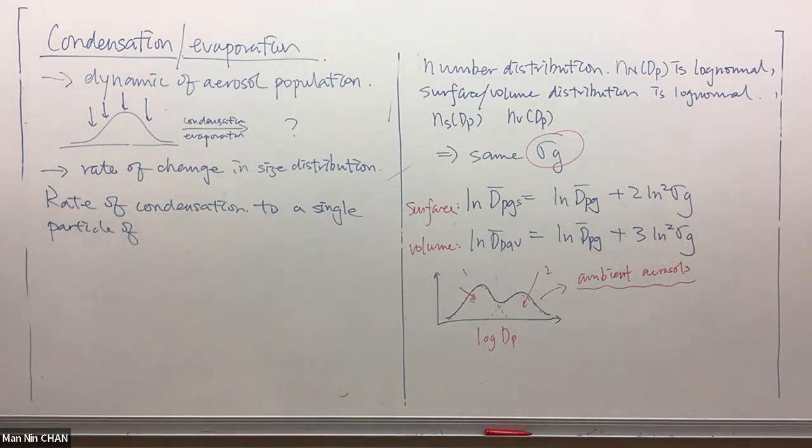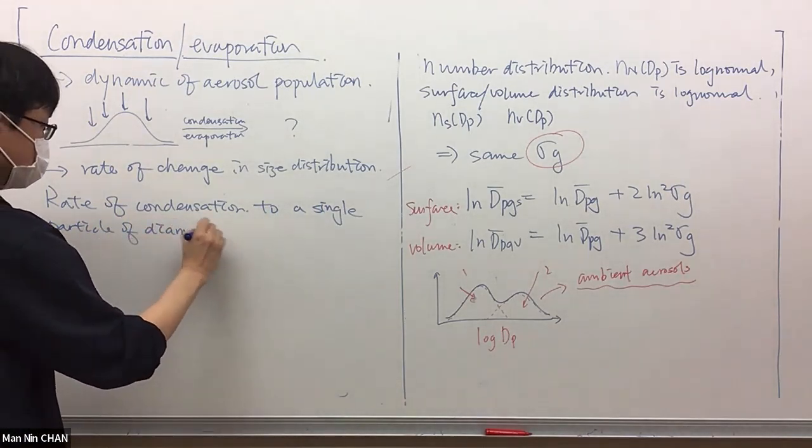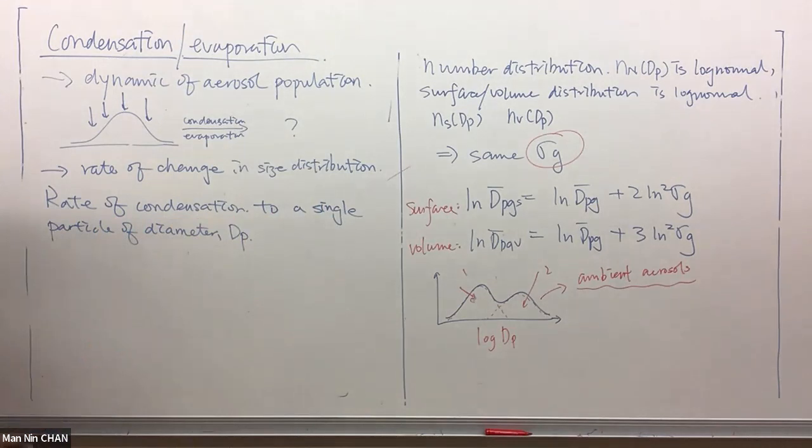So let's say we have a certain diameter, dp. We want to look at the rate of condensation. I think we showed you the equation before.